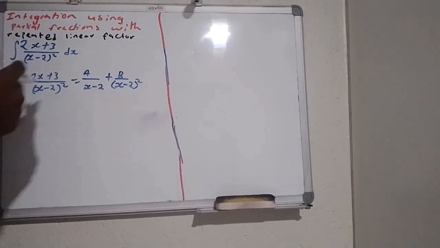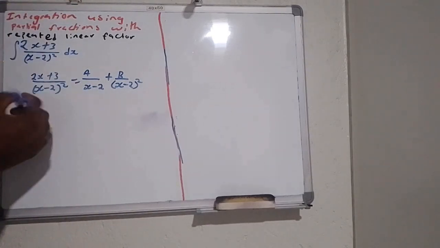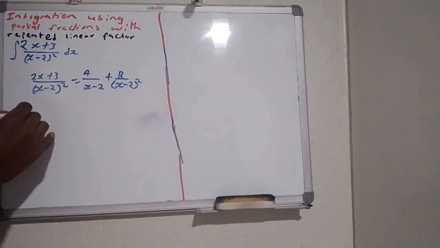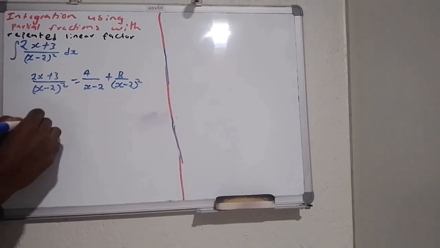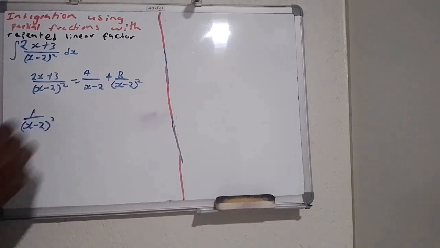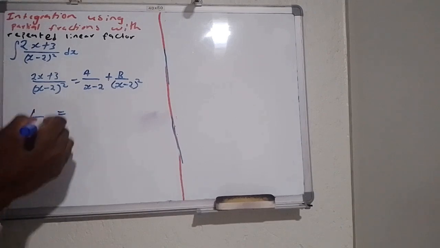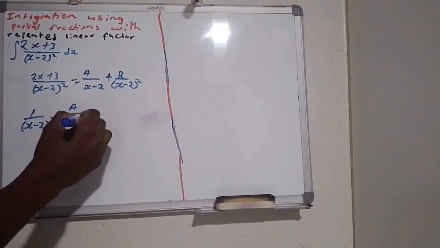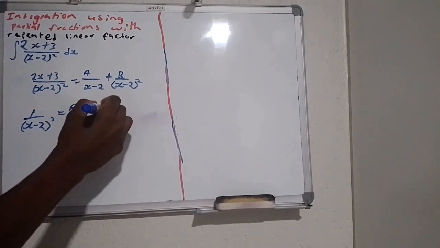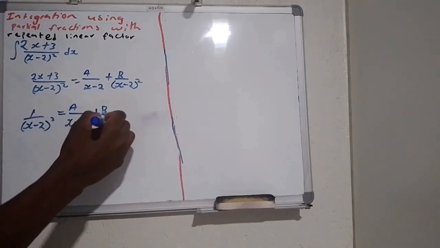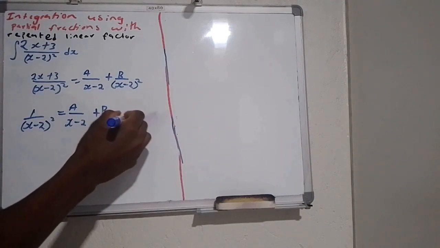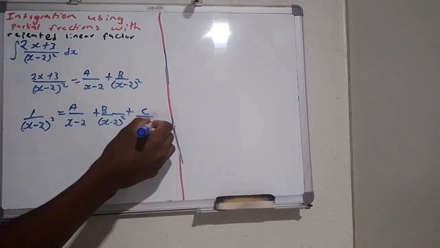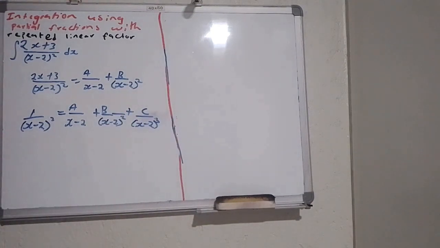So now, good people, when you have repeated linear factors, let me say they give you 1 over x minus 2 to the power 3. What are you going to do? You're going to say A over the linear factor x minus 2, plus B over x minus 2 squared, plus C over the linear factor up to the power 3.